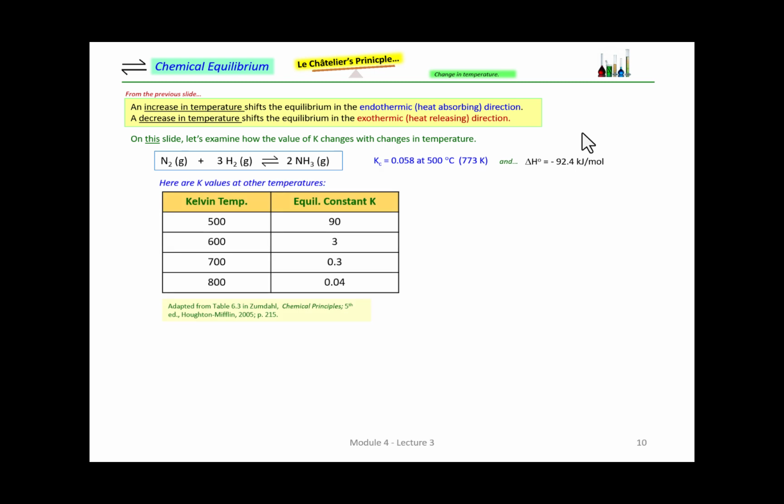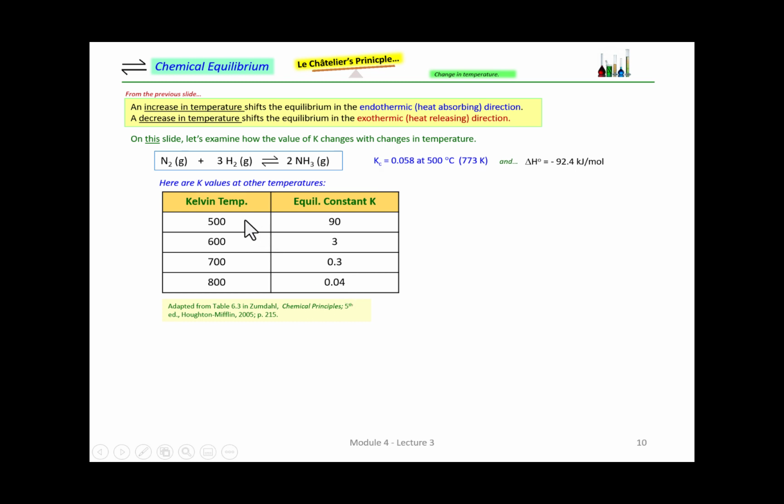This is actual experimental data. So if this reaction is carried out and allowed to come to equilibrium at these various temperatures, the equilibrium constant is determined at each one of these temperatures, and you'll notice that as the temperature increases, the value of the equilibrium constant decreases.